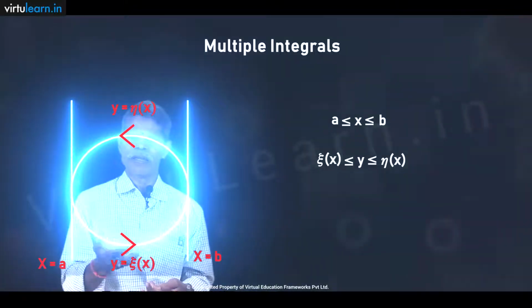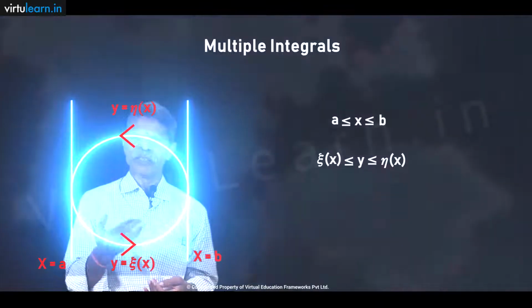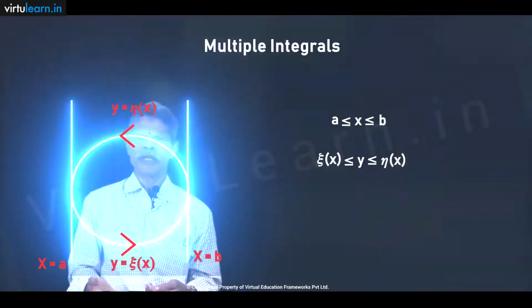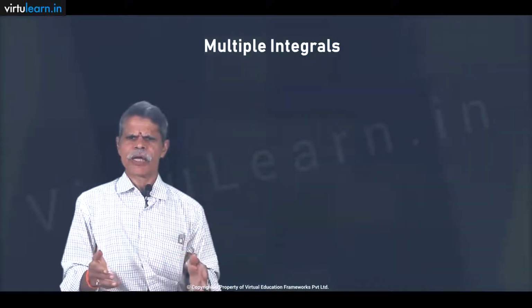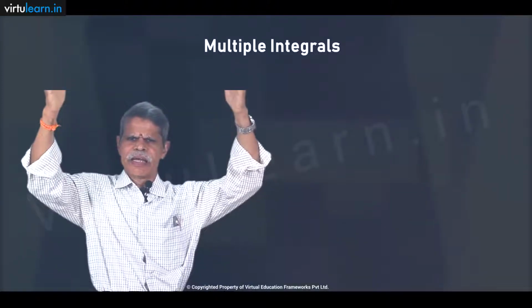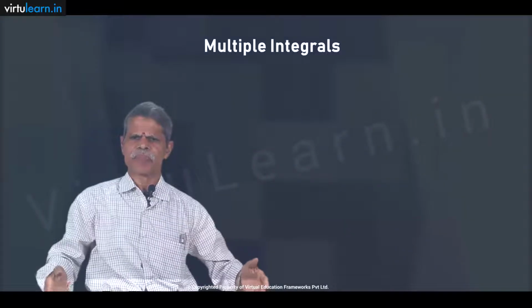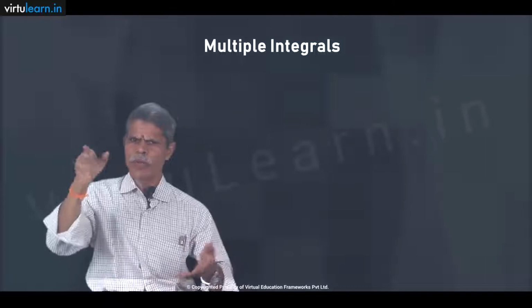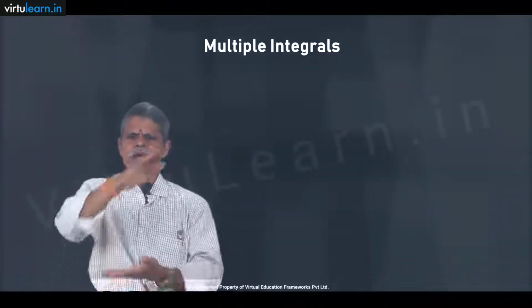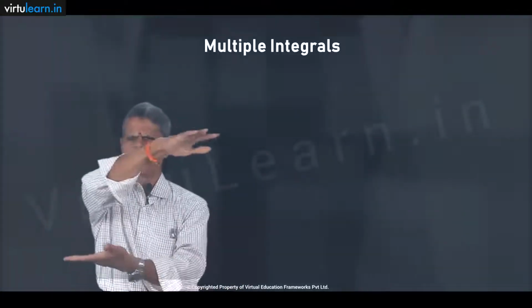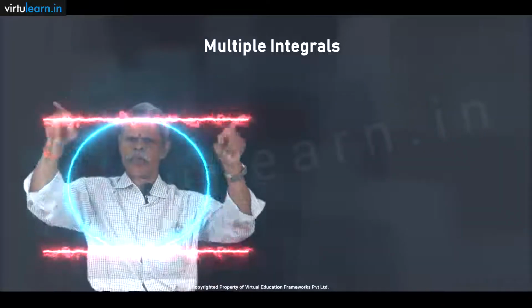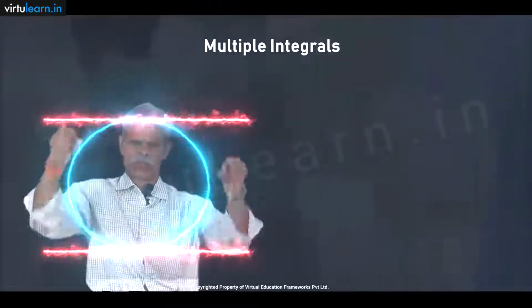There is another way of representing the same region of the xy plane. Instead of observing that the region lies between two vertical lines and between two horizontally oriented curves, you can also think that the region lies between two horizontal lines and between two vertically oriented curves.